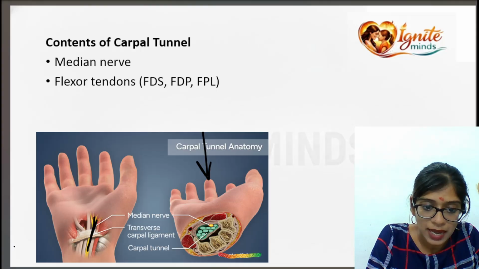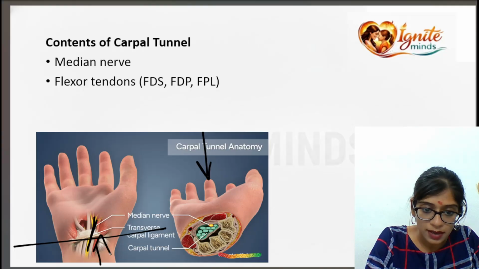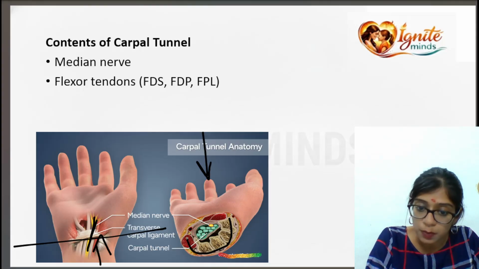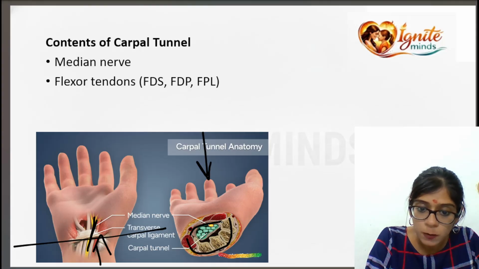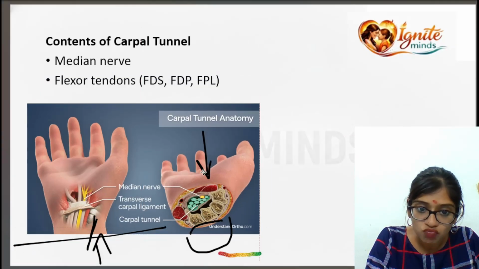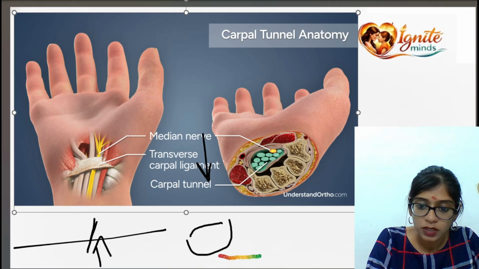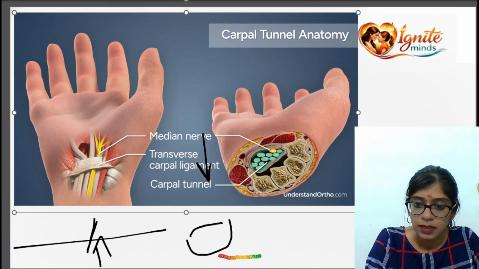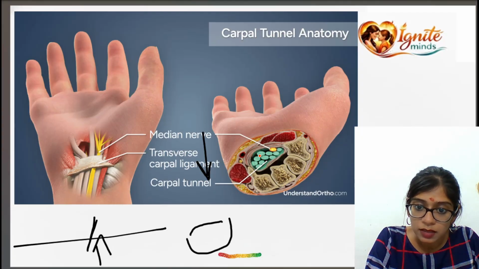If you cut the hand like this and see it from this side, this is how it looks. On the sides and bottom are the carpal bones. Above you can see this fibrous band, that is the flexor retinaculum, and inside that space you can appreciate the green color.